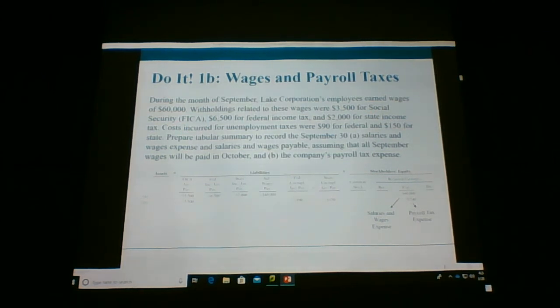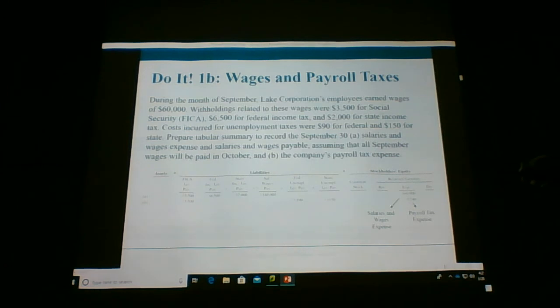Well, what we need to understand is that the employee's portion of this $3,500 is already inside this 60,000. Okay? But the employer's 3,500 is not in this 60,000. So we just increased our payroll liability by $3,500.